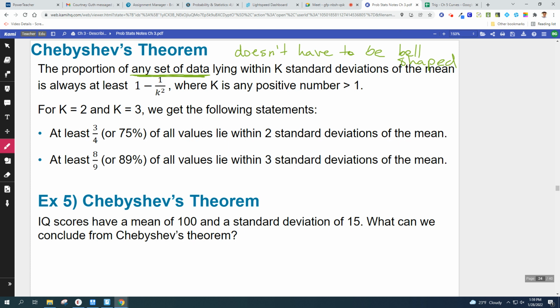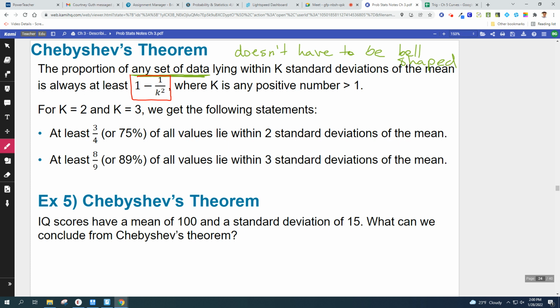So the proportion of any set of data lying within k standard deviations of the mean is always at least 1 minus 1 over k squared, where k is any positive number greater than 1. That's Chebyshev's theorem, okay? And I think that's hard to read and hard to understand, but look at an example.